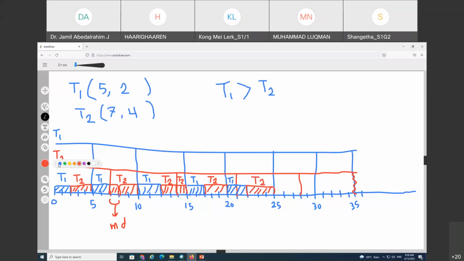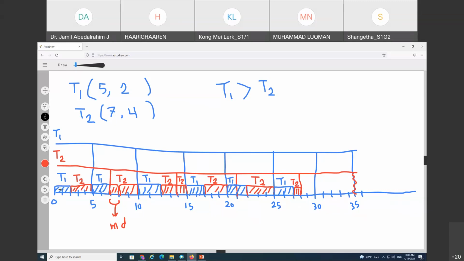Then task 1, how many units? 2 units. Then task 2 has 1 unit remaining. Correct. So continue with task 2.